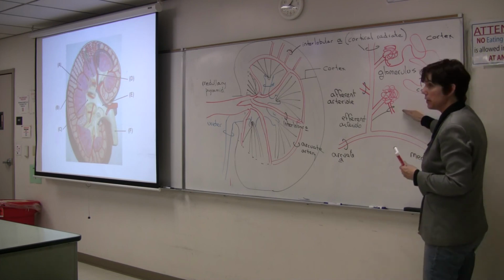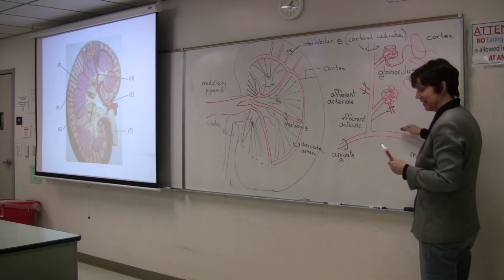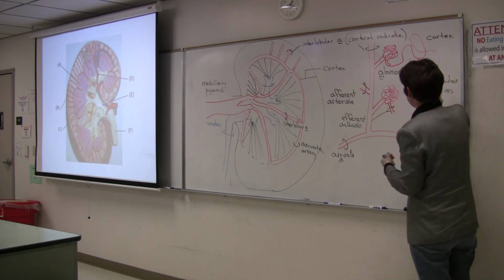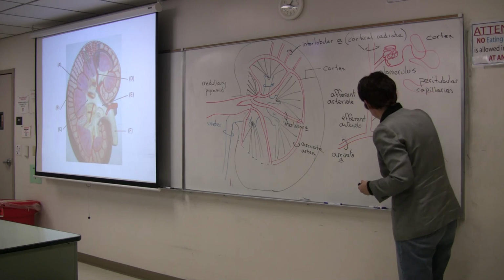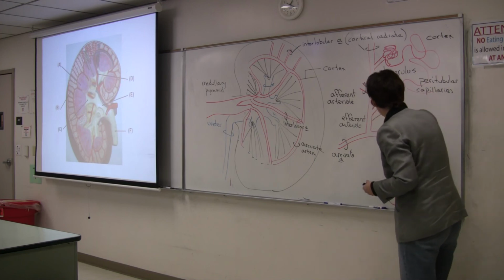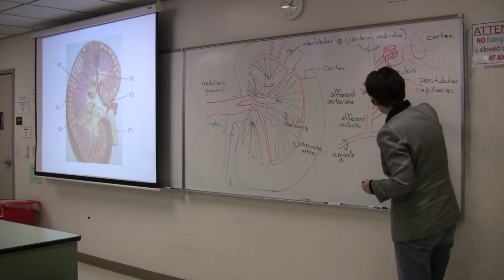If it's close to the arcuate artery, instead of forming peritubular capillaries, it will dip down into the medulla and form a loop back up again.